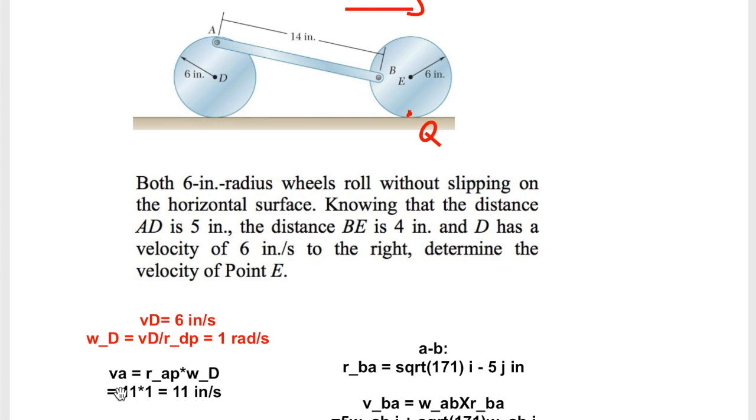Next, we go on to find the velocity at this point A, which we know is this radius of RA times the angular velocity we just found. We take the 5 here plus the 6 to get 11. We times it by the 1 radians per second, and we get 11 inches per second.